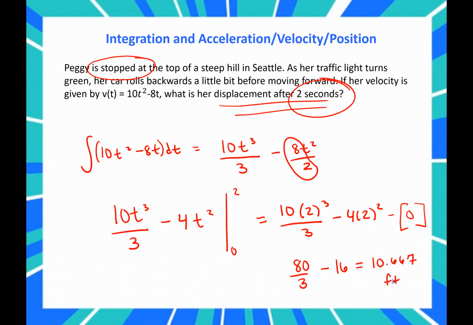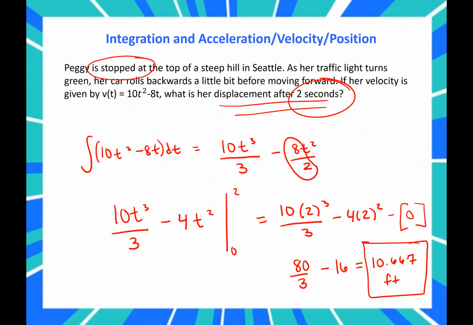And this will be in feet, right? I guess it doesn't say anywhere. That's all right. You can always ask me a question. Hey, is this feet per second? Is this meters per second? Etc. So our final answer is that over those 2 seconds, you traveled a displacement of 10.667 feet.